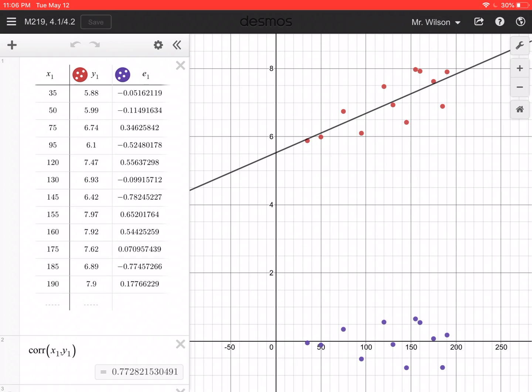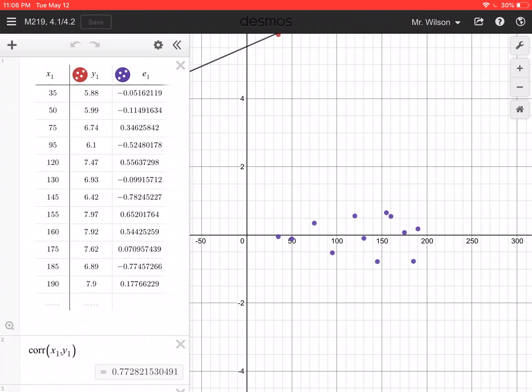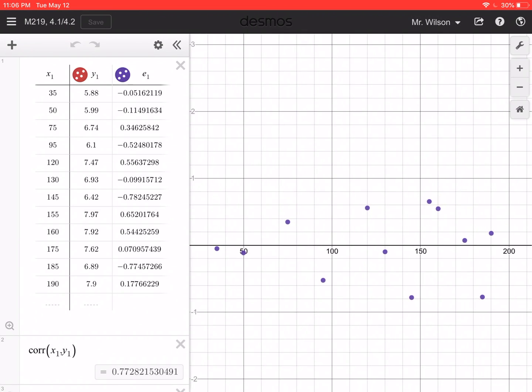And I mentioned the residuals, that's these points down here, but we didn't really go too in depth on them. So here are the residuals, and if we look at these, the question is, is there a discernible pattern or curve that can be applied to these? And just by looking at it, it does not appear so.